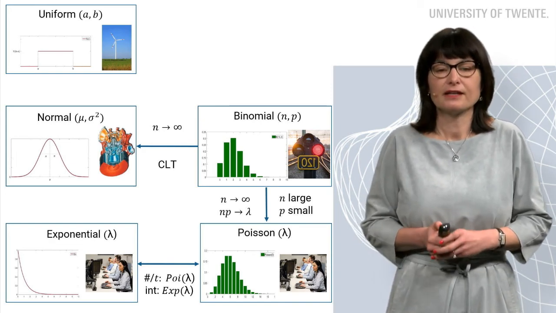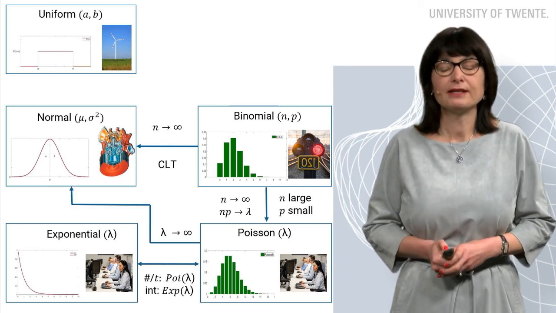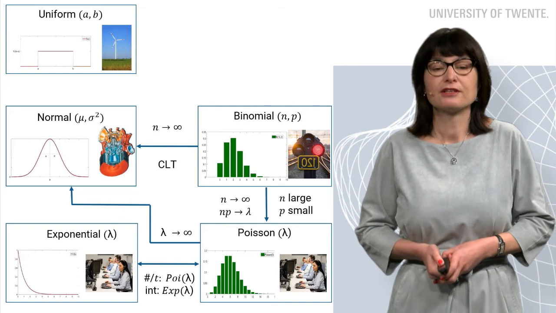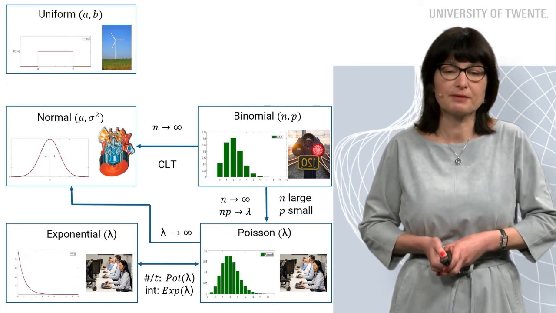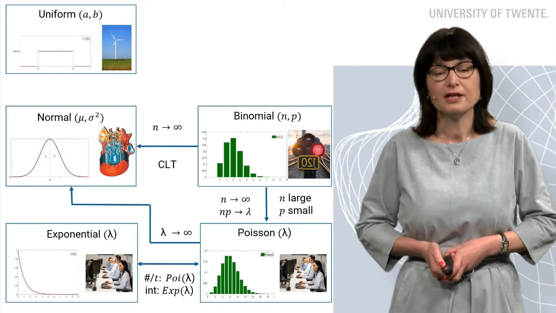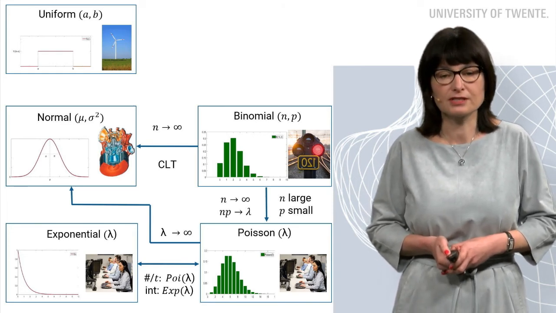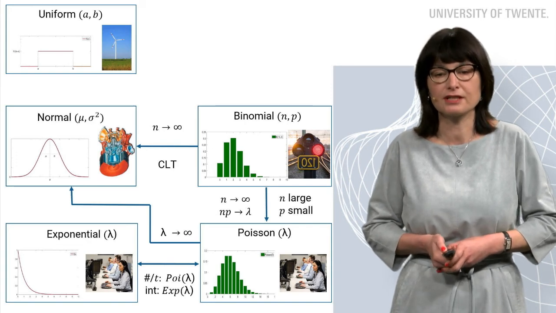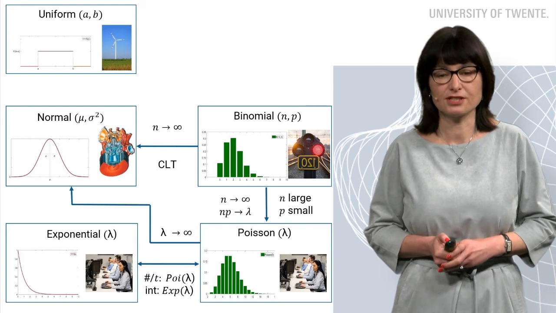In fact, this all is logical because we also have this connection: when lambda becomes very large, then Poisson can also be approximated very well by the normal. That's why this whole circle becomes closed, and all these relations are closely related to each other, and they don't contradict each other.